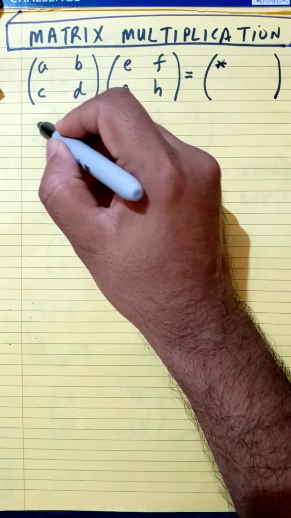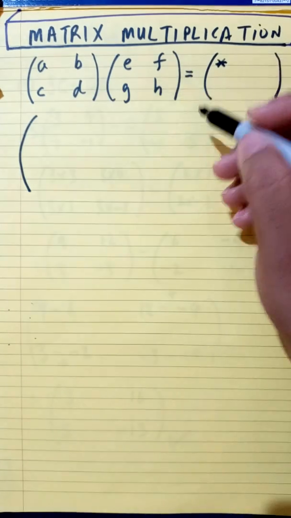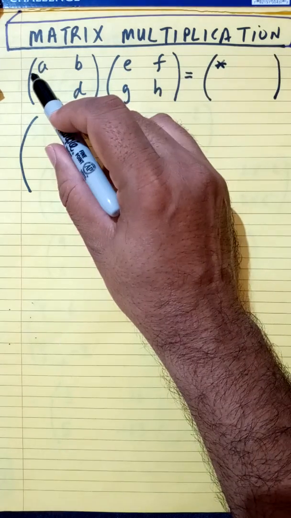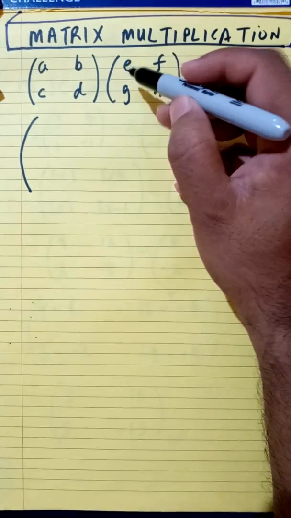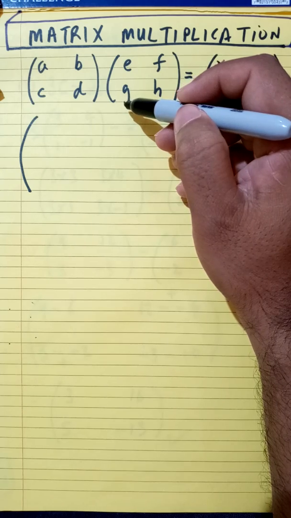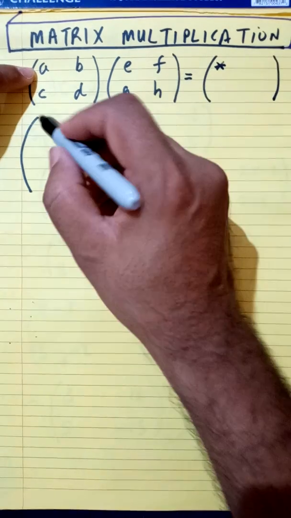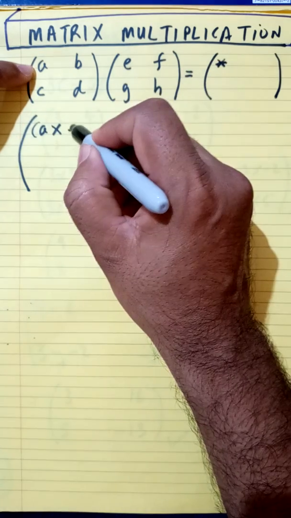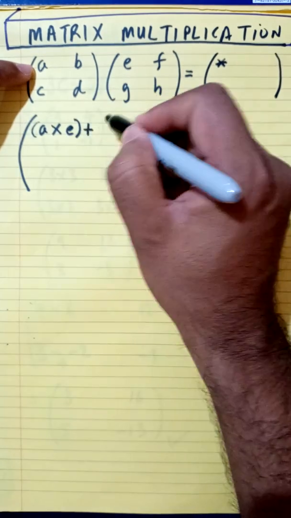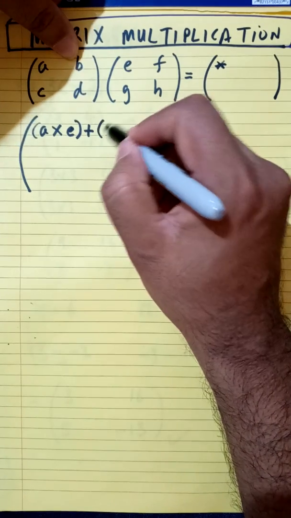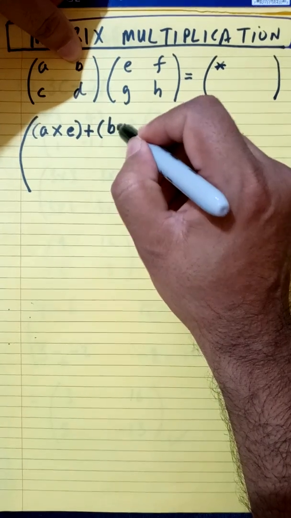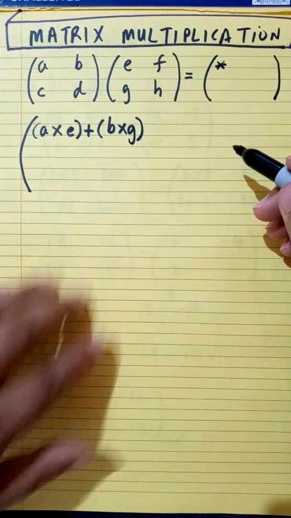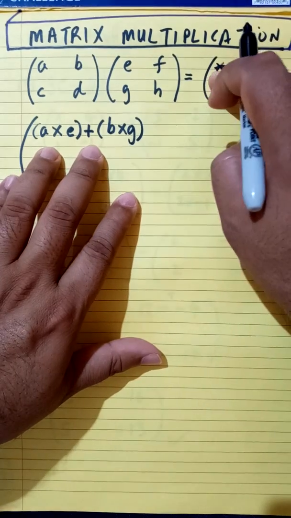So to get this element there, we're going to use this first row of the first matrix with the first column of the second matrix. So we're going to say A multiplied by E plus B multiplied by G. And this combination will give us this element.